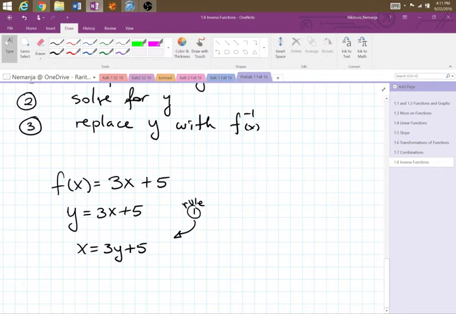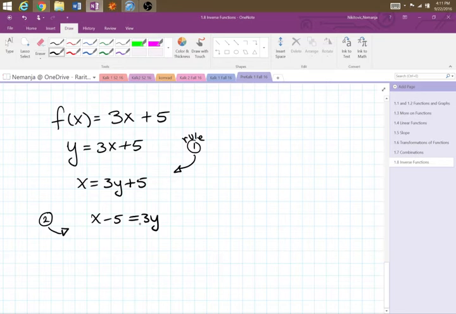Now, step 2, solve for y. So that's going to be x minus 5 is 3y. And then finally, y is equal to x minus 5 over 3.